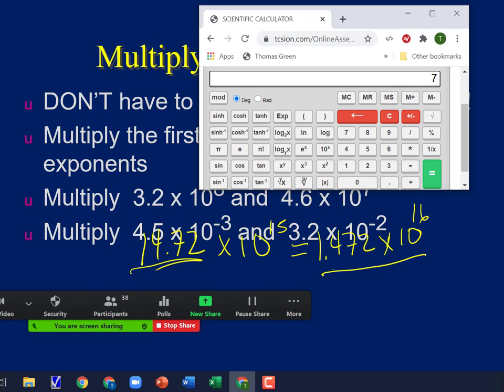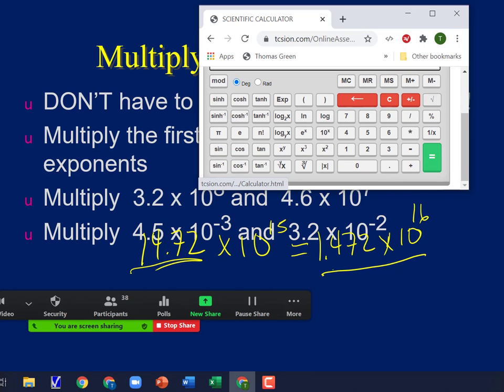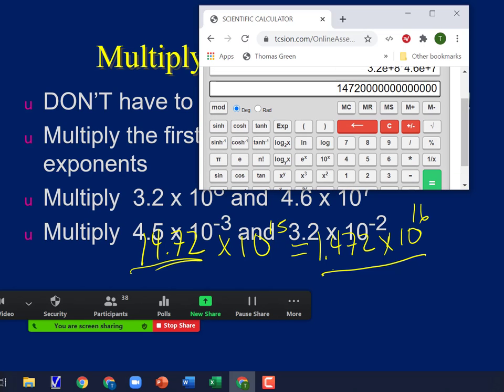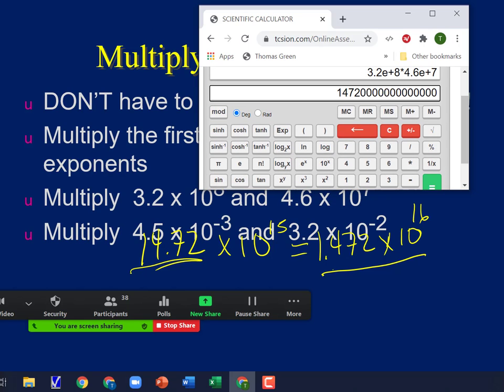That looks better. Equals. Ooh. So there's my 14.72, and it's got a whole bunch of zeros. 1, 2, 3. Your calculator probably wrote 1.472 times 10 to the 16th. And so I got the same answer.